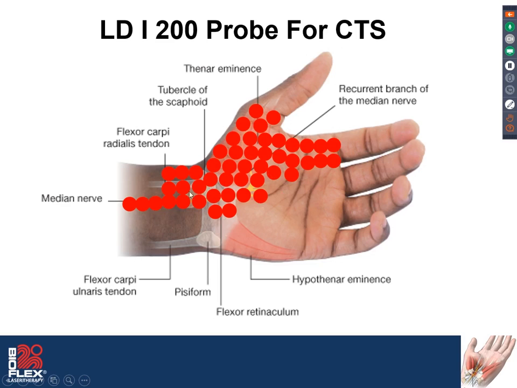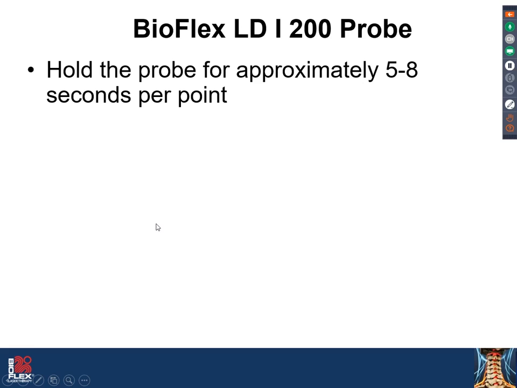You're going to hold the probe over the carpal tunnel for 10 to 15 seconds. You're going to hold it over the thenar eminence for about 10 seconds, and then as you start to get into the more superficial tissue, hold it for 5 seconds, 6 seconds, and then a little bit less as you get into the fingers itself.